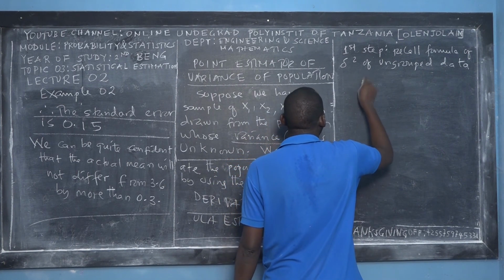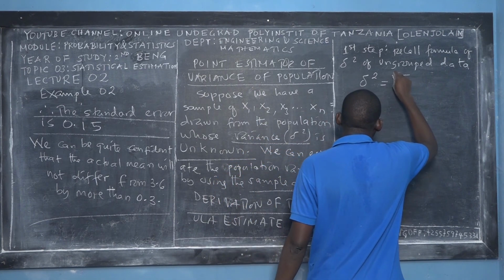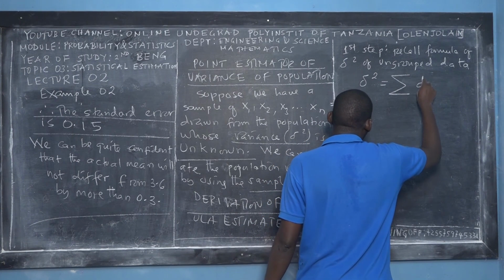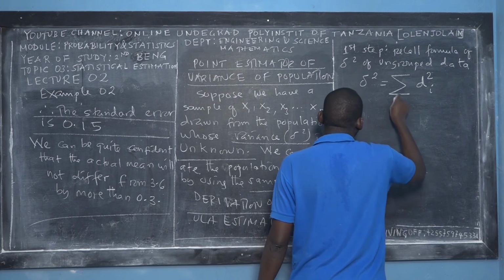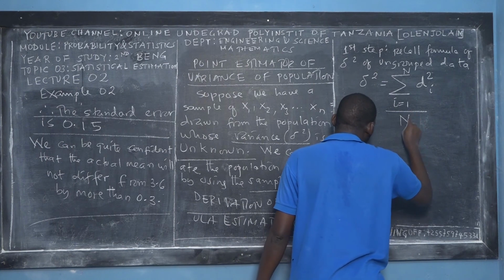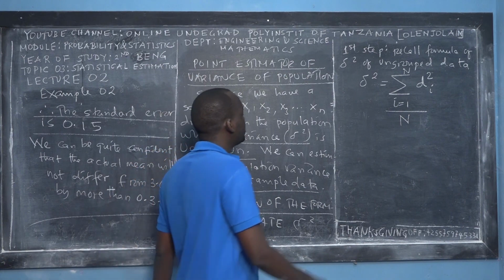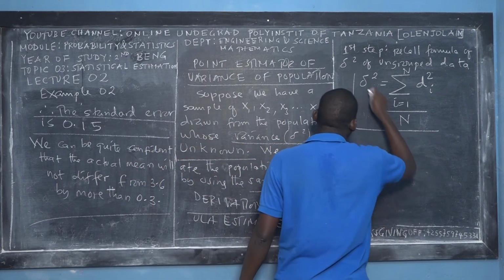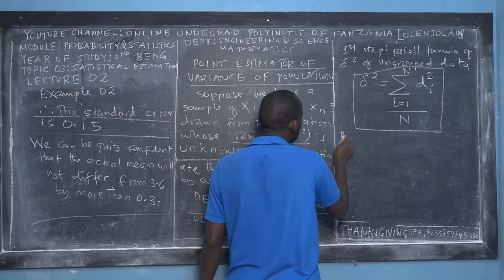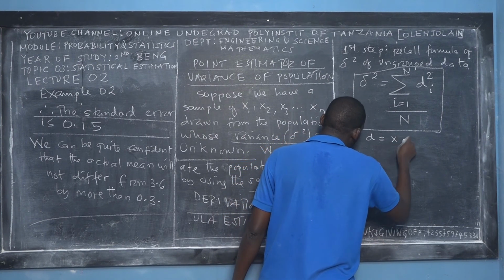So how did we find variance of ungrouped data? We used to find it by taking the summation of the square of deviation, from the first deviation to the last deviation, then divided by what? By the total number of statistical data. So this is the general formula, right? We can simplify that formula, but we told you that deviation is equal to statistical value x minus what?